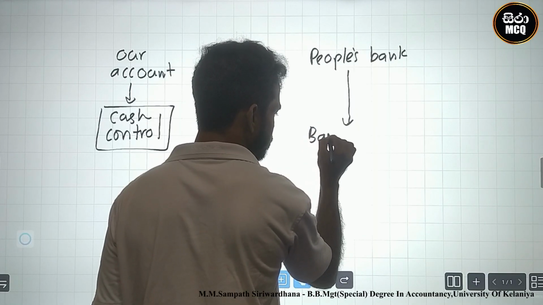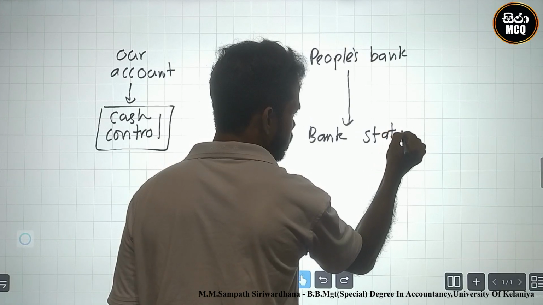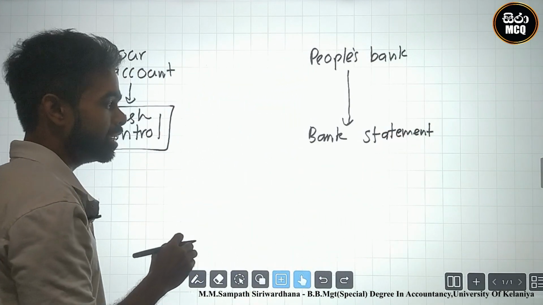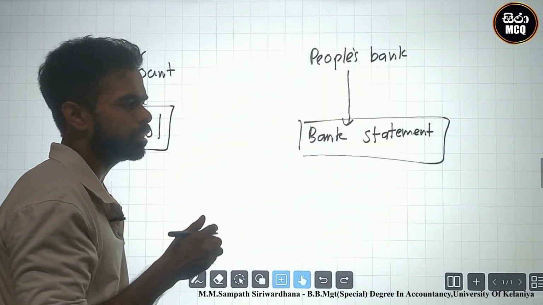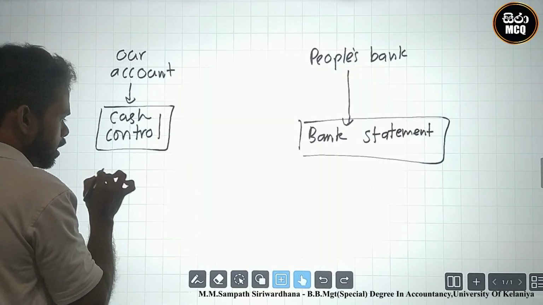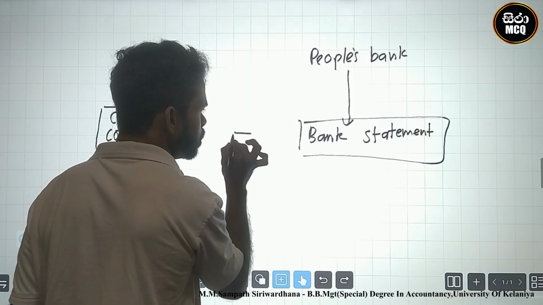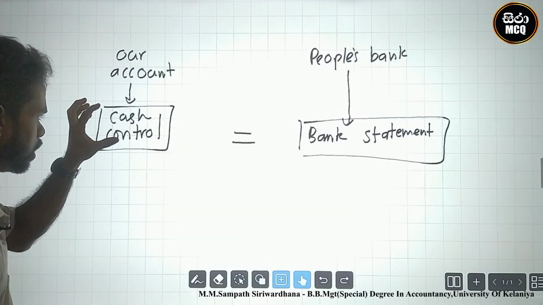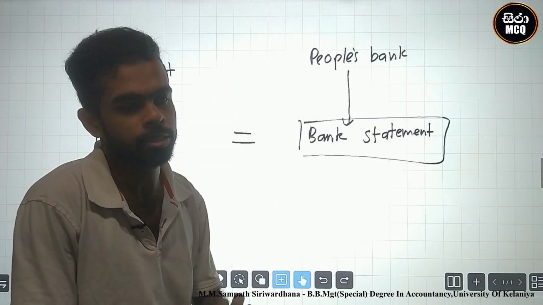The bank statement for us. In that case, for the closing date, the balance of the cash control account must be equal to the bank statement. Cash control, our balance, and bank statement balance should be equal.